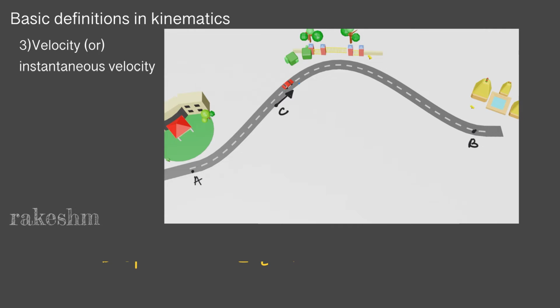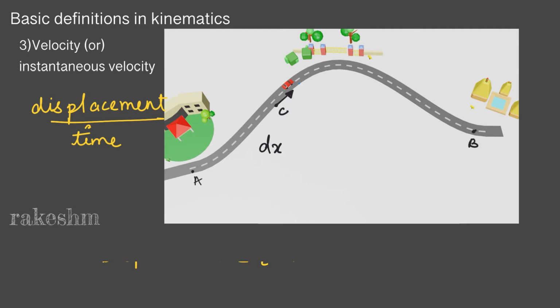In lower classes, you would have learned that velocity is nothing but displacement by time. In actuality, instantaneous velocity means velocity at that instant. We consider the car has moved a very small displacement from C, which is dx.